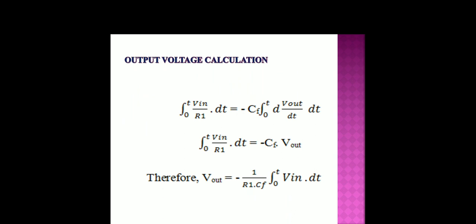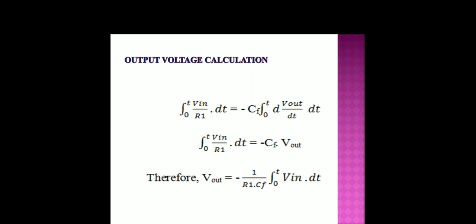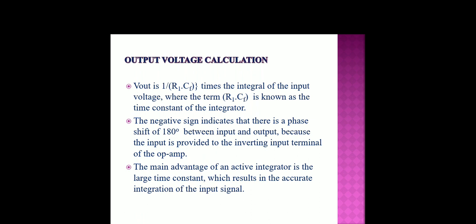In this equation, Vout is equal to 1 upon R1 Cf times the integral of the input voltage, with a negative sign just because it is an inverting op-amp, where the term R1Cf is known as the time constant of the integrator. The negative sign indicates the phase shift of 180 degrees between input and output, as we know.